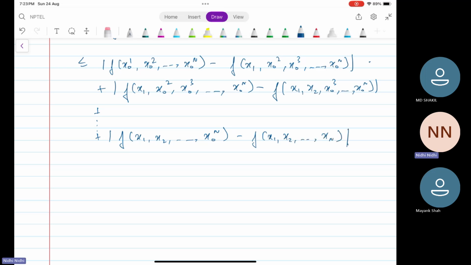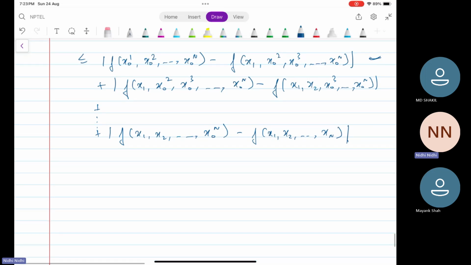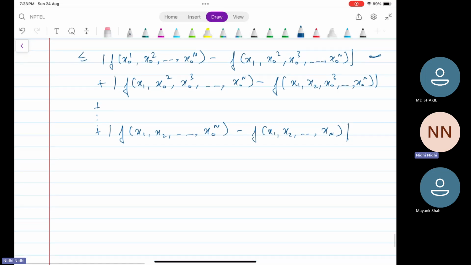So in the first term, only the first component is different. So we can apply the mean value theorem.